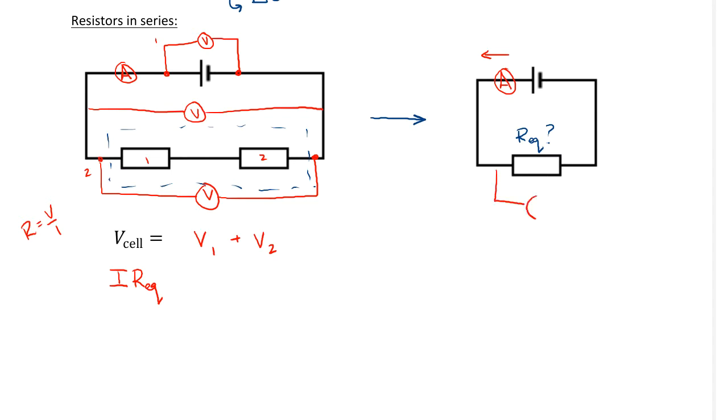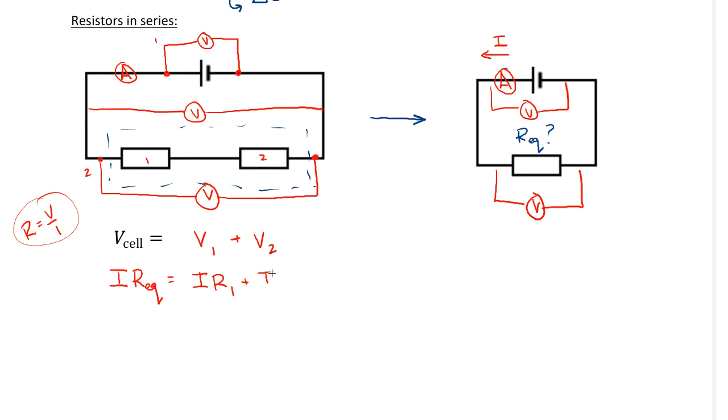And if I put a voltmeter down here, I'm going to get the same reading as the voltmeter over here. And that's the same reading as the voltmeter across the cell. So V cell has to be equal to the current out of the cell times the equivalent resistance because of this relationship and because of how I'm setting up the equivalent resistance. Now that's equal to the voltage drop at resistance 1, which is equal to the current through resistance 1 times its resistance.